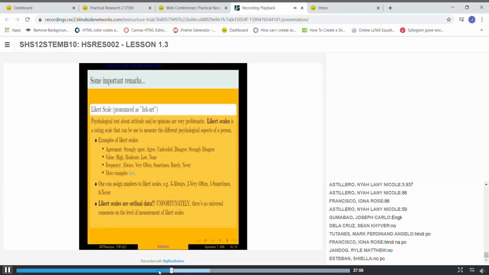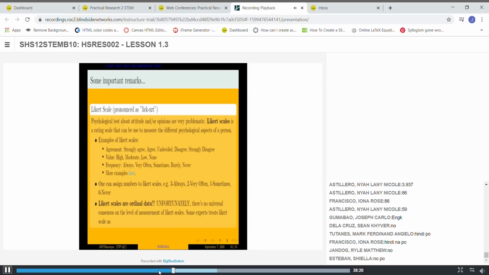Yung ibang expert kasi, ginagawang interval scale ang Likert scale. Di ba kapag interval, marami kang pwedeng numerical characteristic? Pwede kang makakuha ng mean, ng median, ng mode, at saka ng variability. Okay? Actually, ang nagsimula niyan is mga businessman.